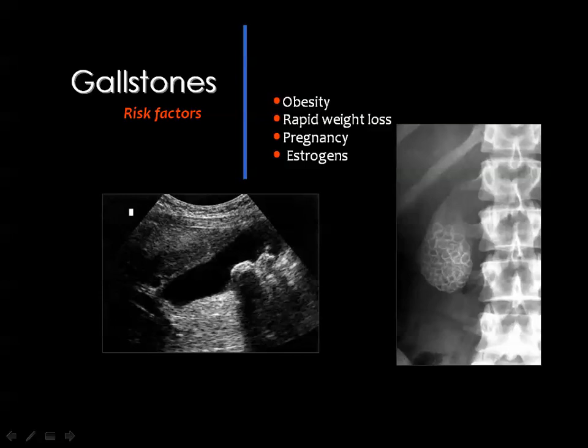And here you can see the typical appearance of the gallbladder stones by ultrasound. Gallbladder stones are mobile, and they produce this very characteristic posterior acoustic shadowing during ultrasound exam. And this is an oral cholecystogram showing too many faceted gallbladder stones inside the gallbladder itself.